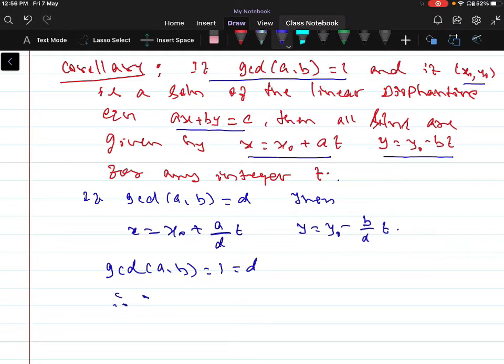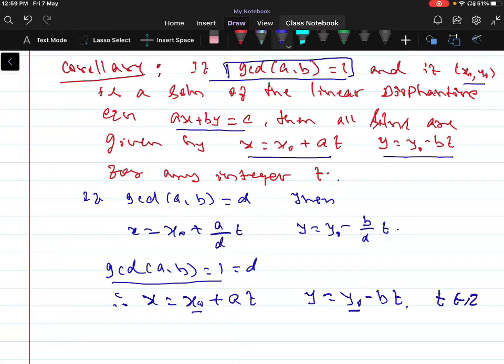Therefore x is equal to x naught plus b into t, and y is equal to y naught minus a into t for some integer t belongs to Z. If GCD of a, b is equal to 1, then all the solutions can be represented by x equal to x naught plus bt, y is equal to y naught minus at for some integer t, where x naught, y naught is a particular solution of the Diophantine equation.